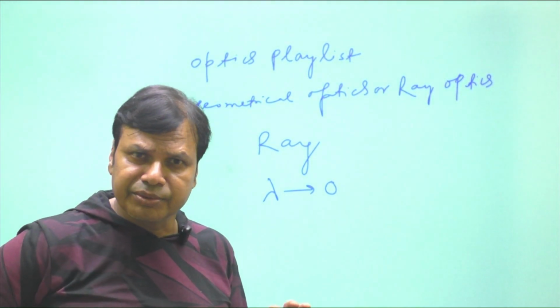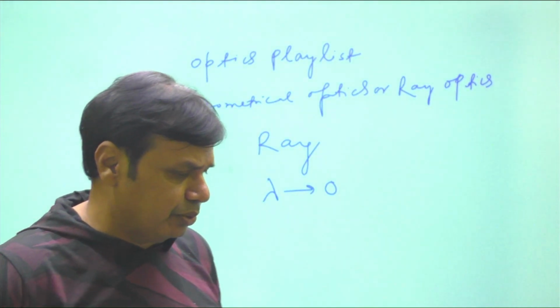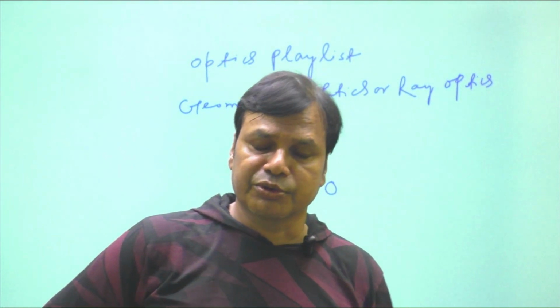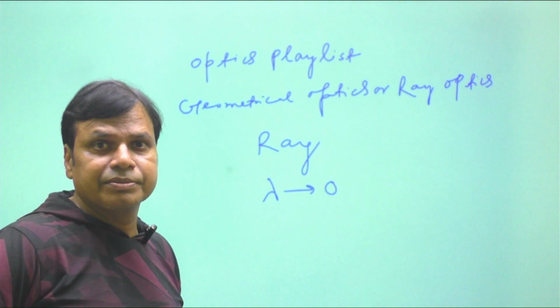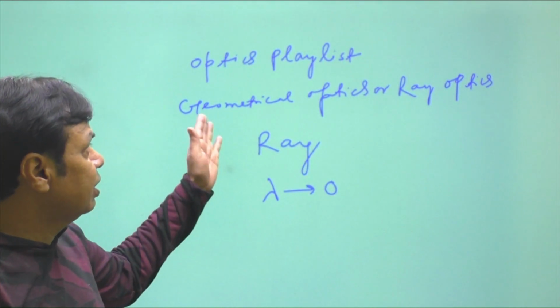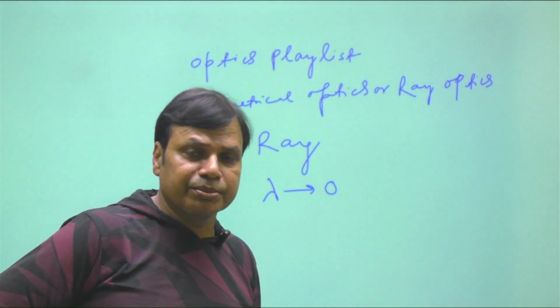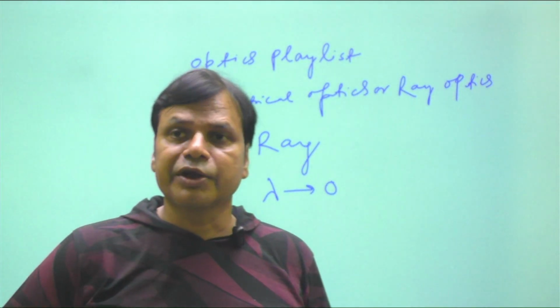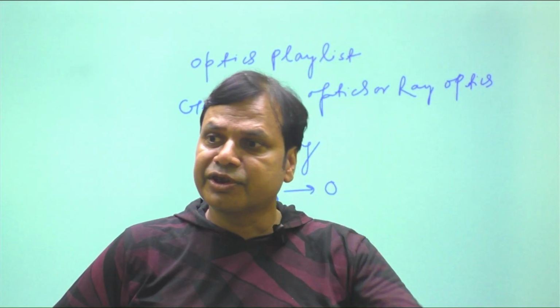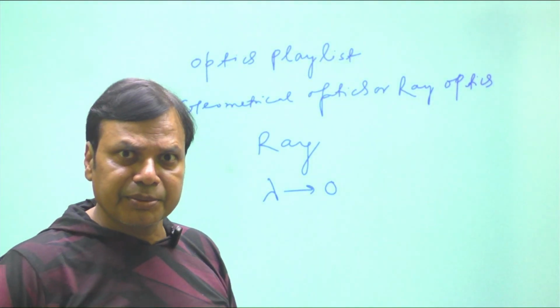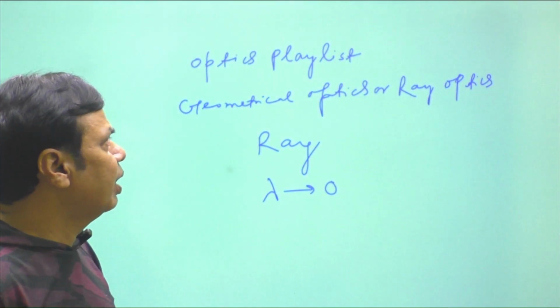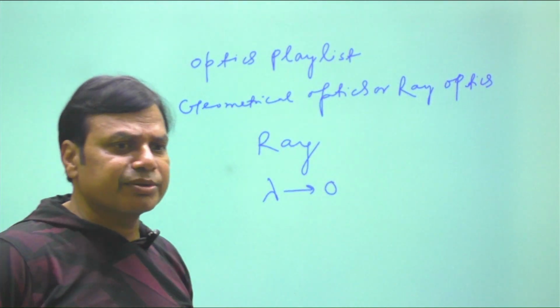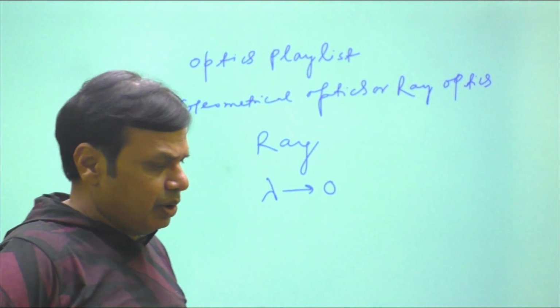If the wavelength of the light is very small, it tends to zero in fact, then you can always assume that the light can travel along a straight line in a uniform and isotropic medium. And then comes the concept of ray optics.